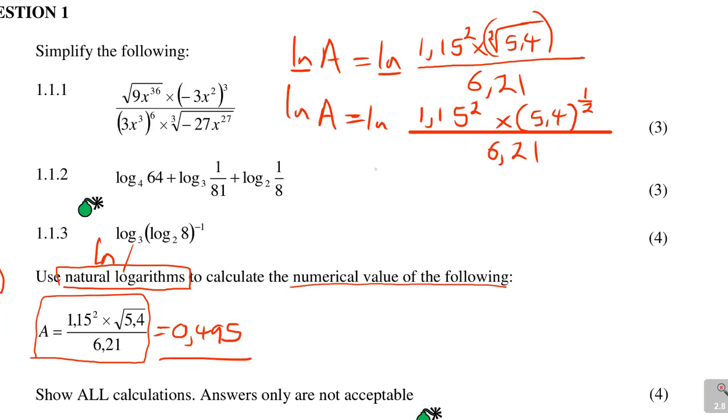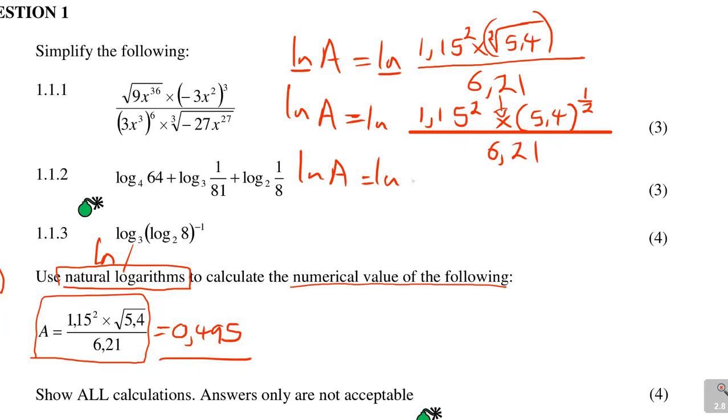But in this case, I'm using natural logarithms. So I continue with my ln A is equal to ln. Now I'm applying the laws. How do you apply the laws of logarithms? When it's multiplying, you know that in the laws of logarithms you add.